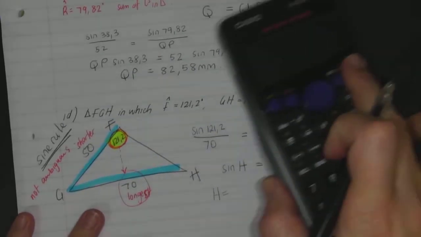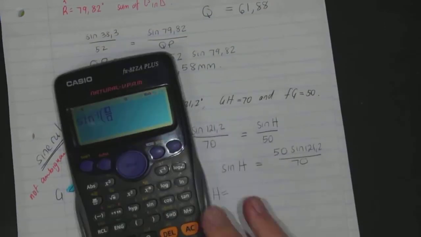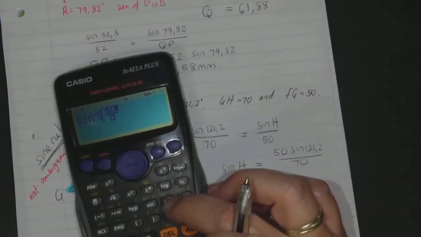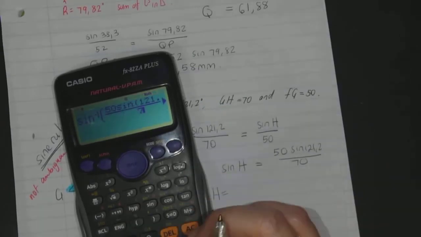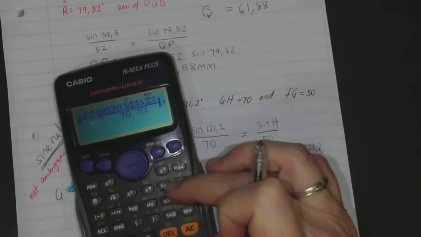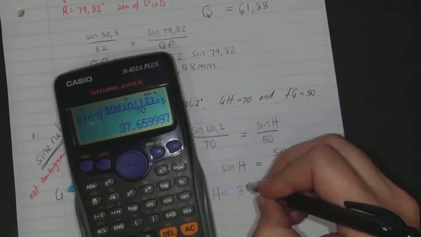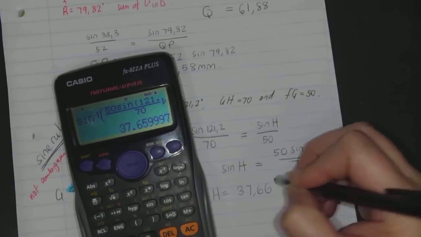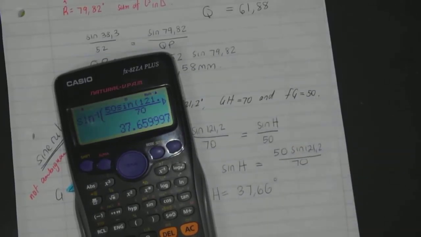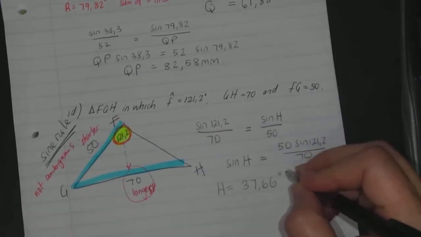Shift, okay, and brackets 50 sine 121.2, close the bracket, over 70, close it. I get H has an option of 37.66 degrees. There is not an option 2 because we are not busy with the ambiguous case.